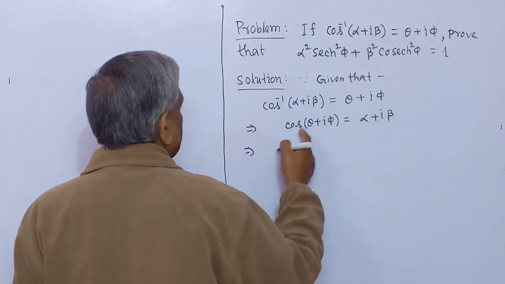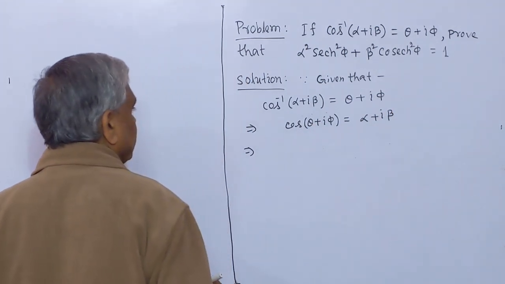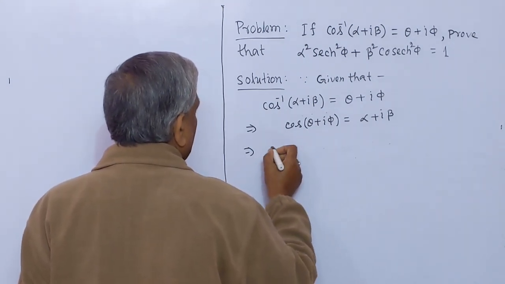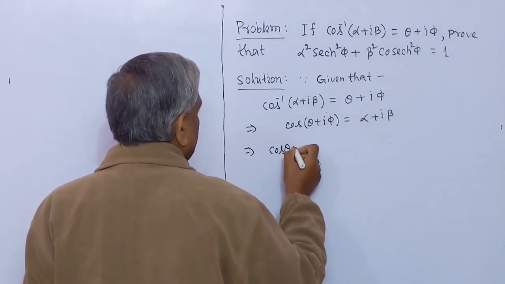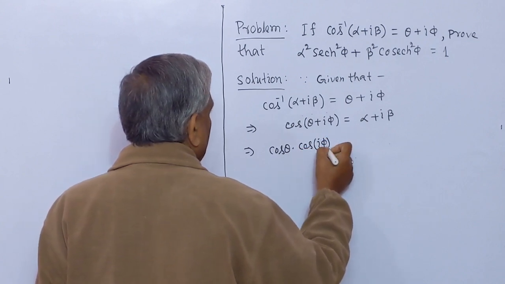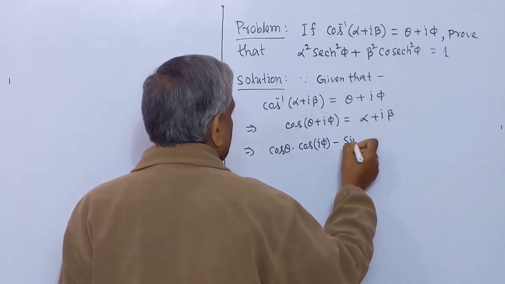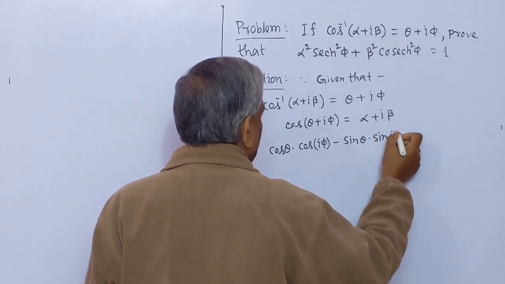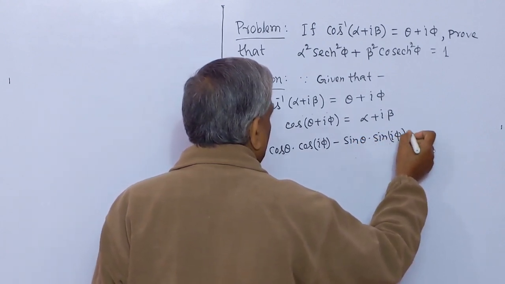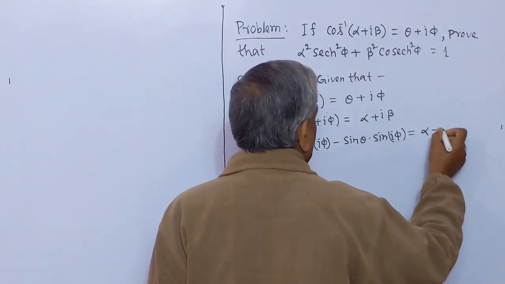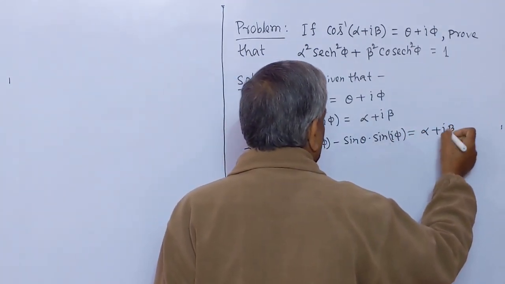This implies that, since cos(A plus B) is cos A cos B minus sin A sin B, cos theta cos i phi minus sin theta sin i phi equals alpha plus i beta.